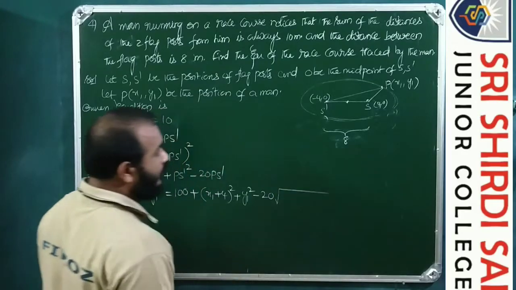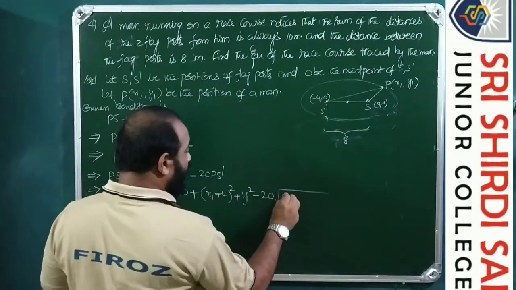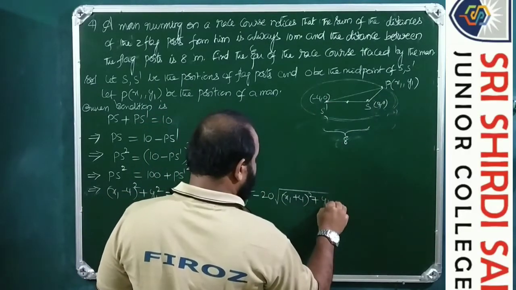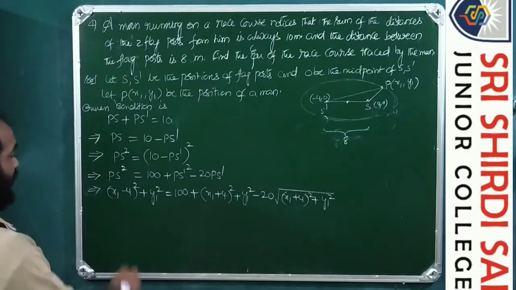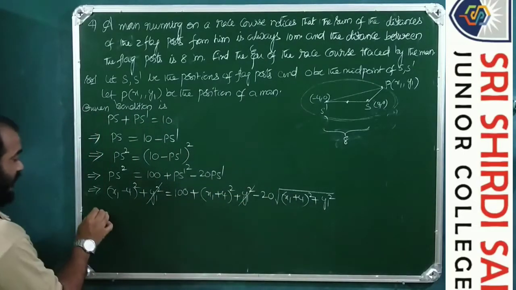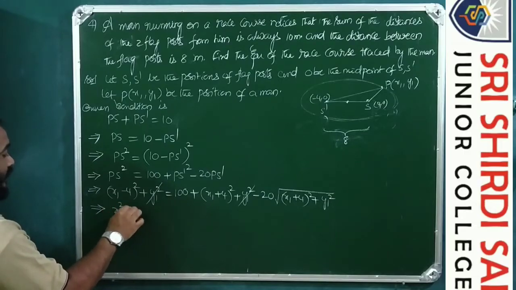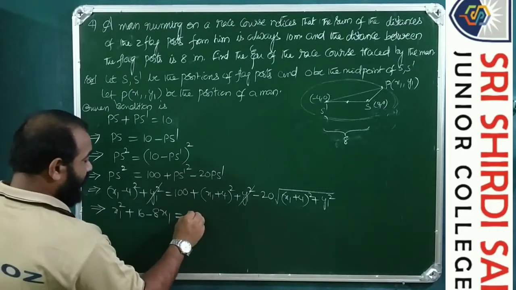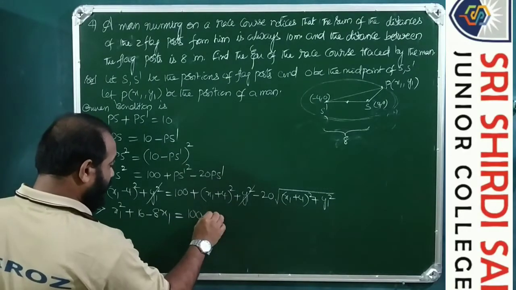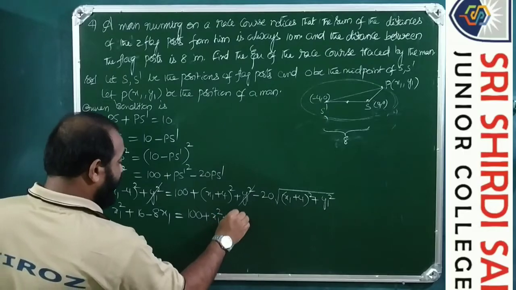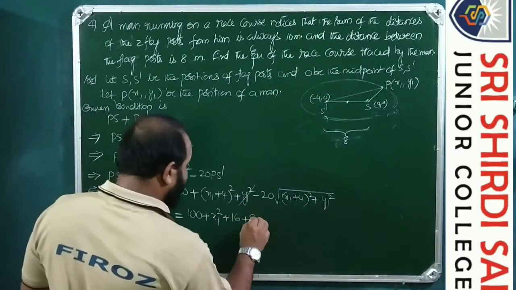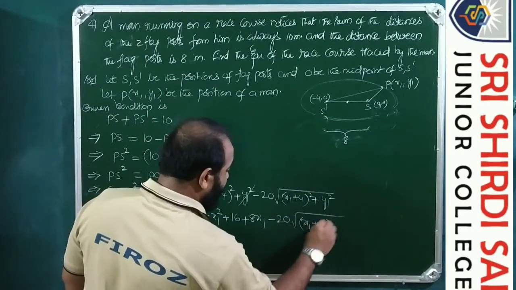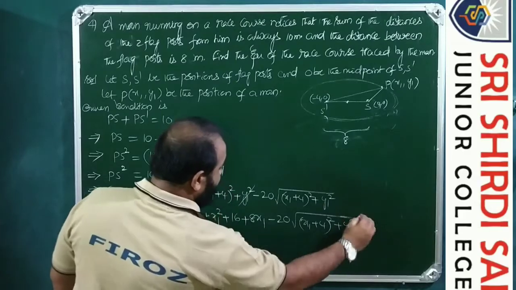So PS dash is the square root of (x1 plus 4) whole square plus (y1 minus 0) whole square, which is y1 square. So y1 square on both sides gets cancelled. This is x1 square, 4 square 16, minus 2 4s are 8x1, is equals to 100 plus x1 square plus 16 plus 8x1 minus 20 into square root of (x1 plus 4) whole square plus y1 square.